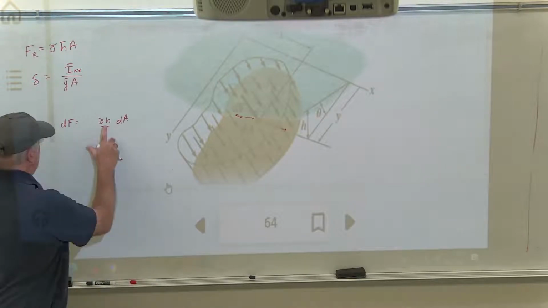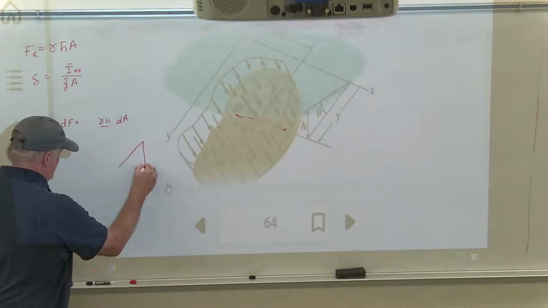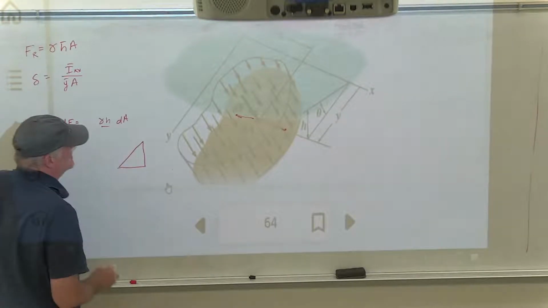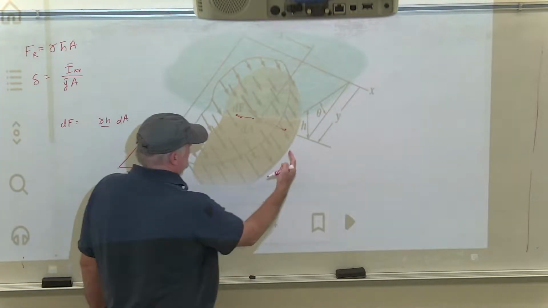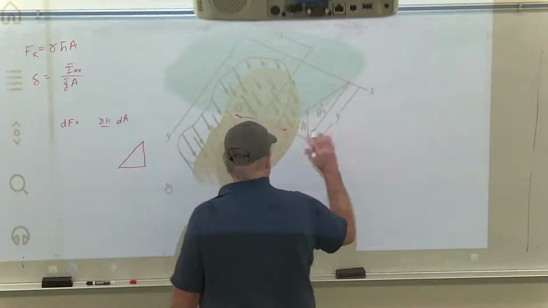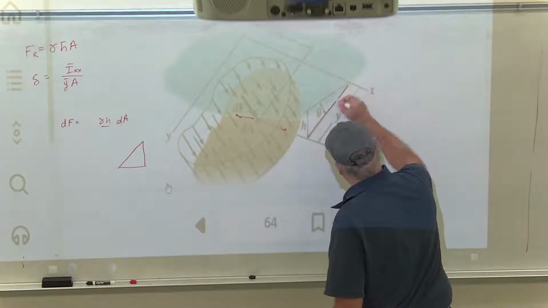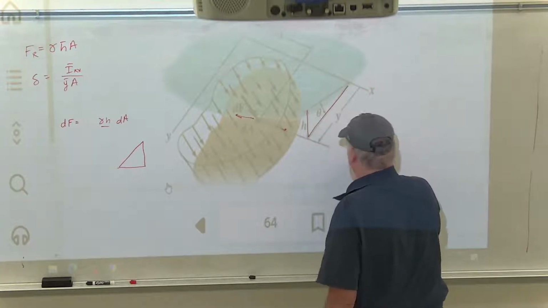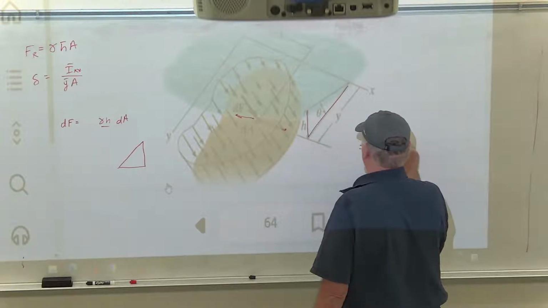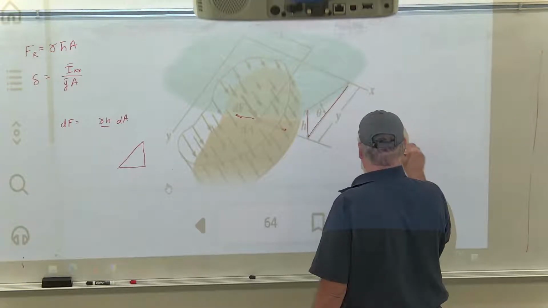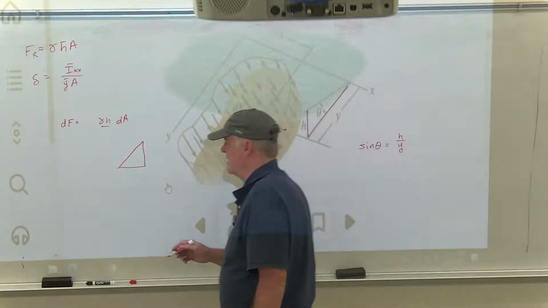But his H, if you look at the triangle, now let's see, where did he measure theta from? It's kind of strange, but here's this triangle. It's in a funny perspective. So, sine of theta is equal to H over Y. So if you want H, you can take the Y and multiply times it.